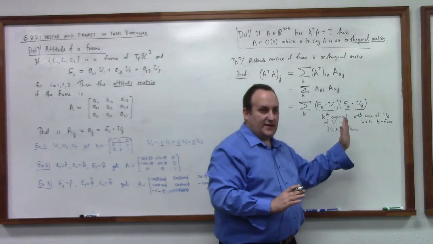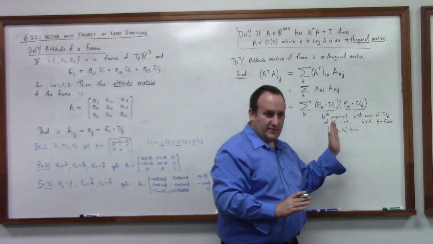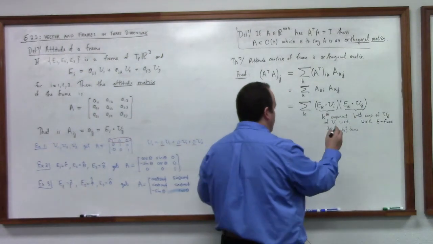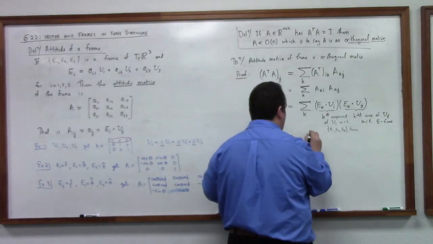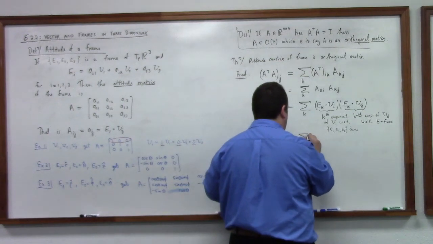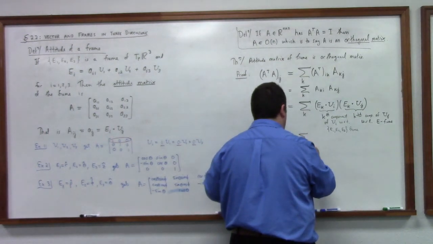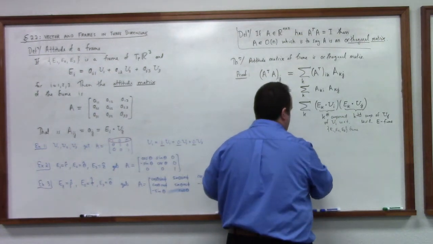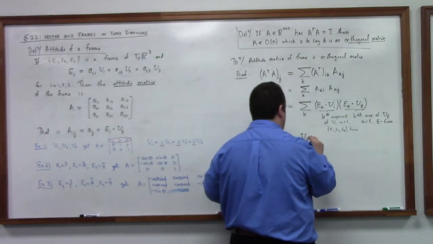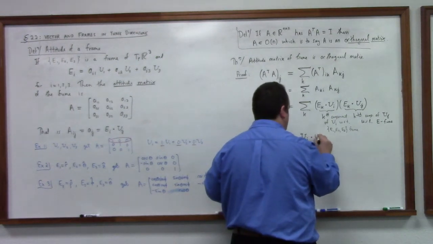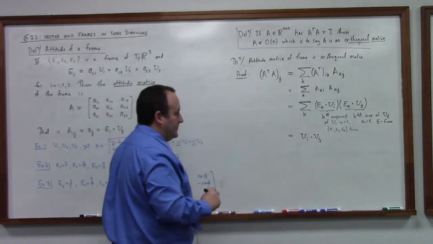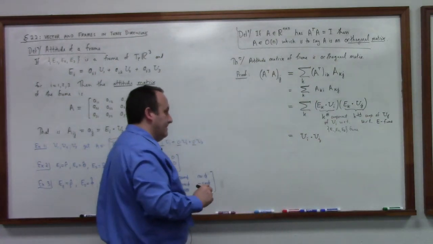This is exactly the dot product of Ui with Uj. Let me write that down. So that's Ui dot Uj by the theorem that I had a little bit earlier. And what is Ui dot Uj?